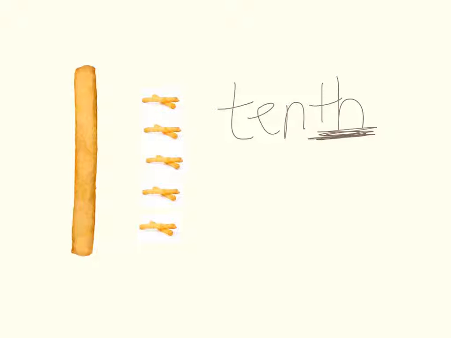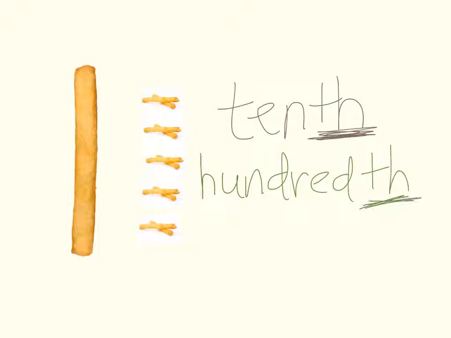Then what would you call each of those little bits? I shall give you some think time. Well, if you said 100th with a th at the end, then you're absolutely correct.